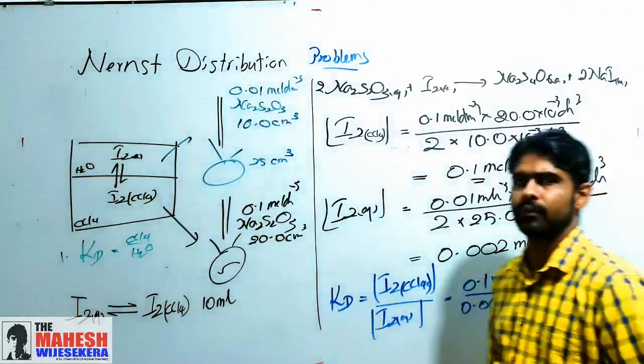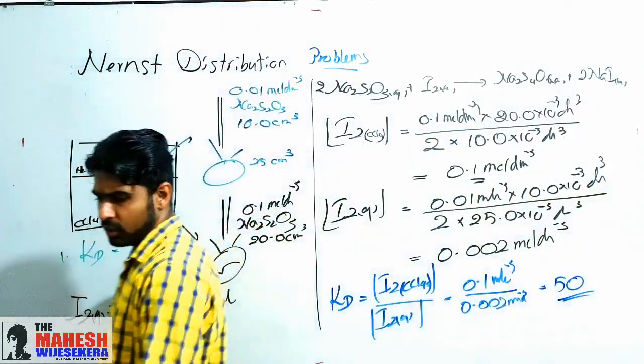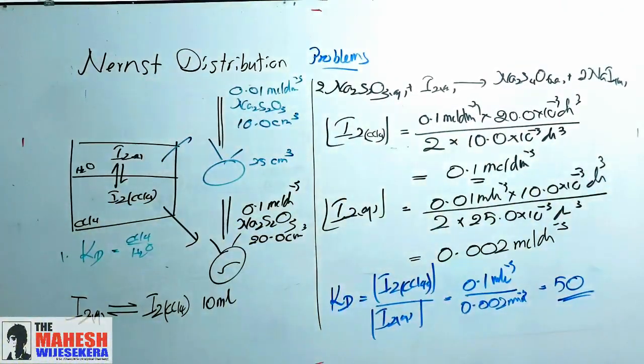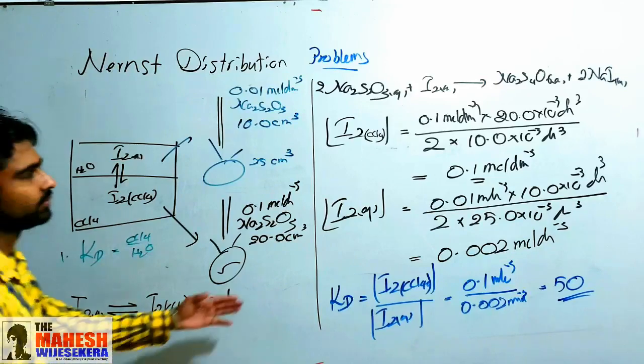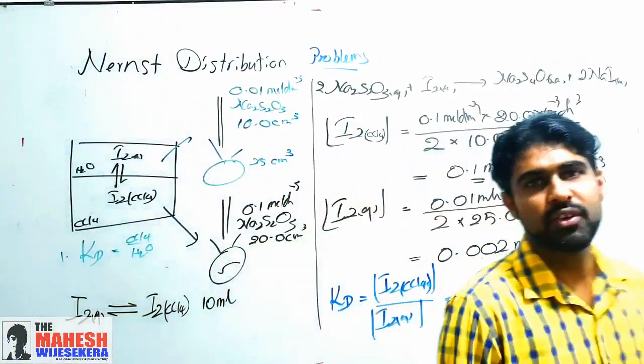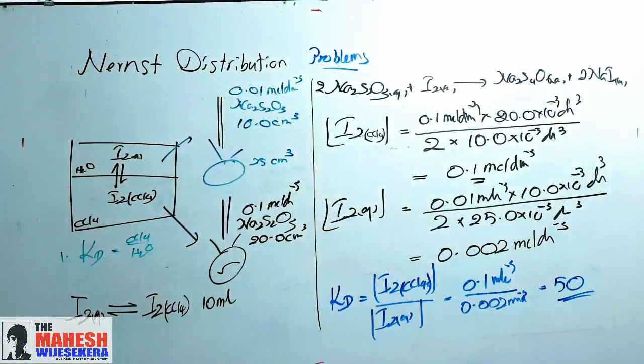Okay, finished. So what's the purpose of using different concentrations here? Why are we using different concentrations?